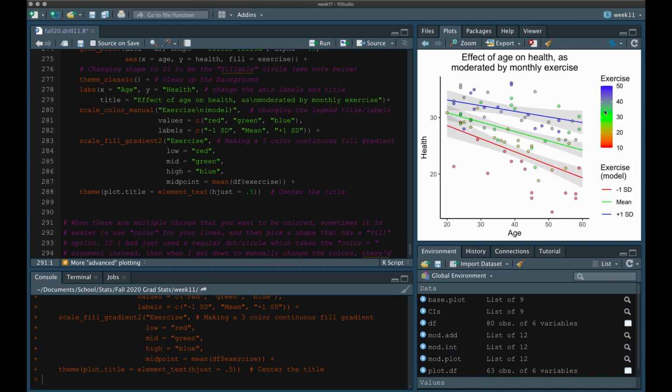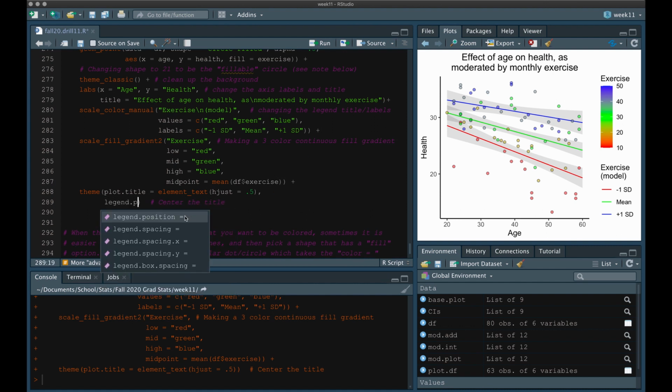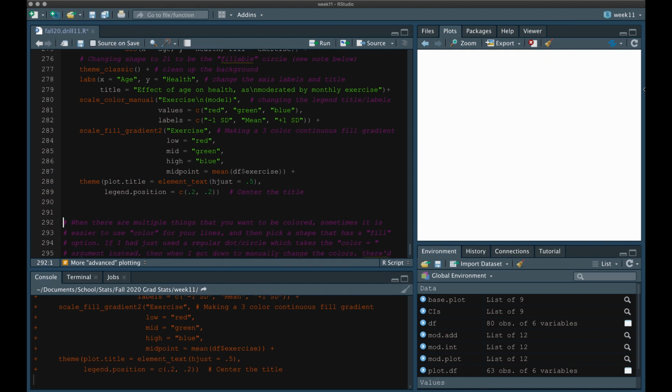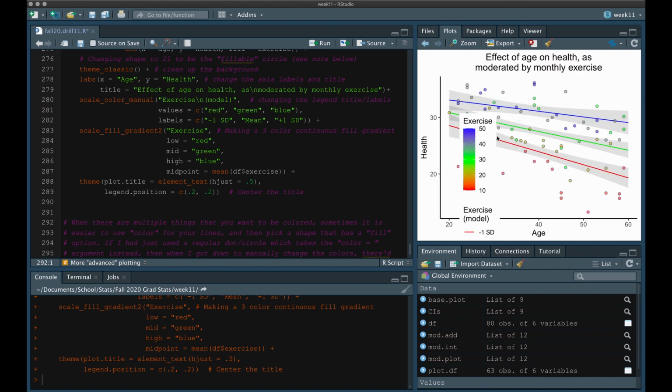The one thing that I don't really like about this is I typically change my legend position using some type of argument. In this case, this particular graph, there's not really a pretty way to do it. But basically you can move this around to try to fill up white space.